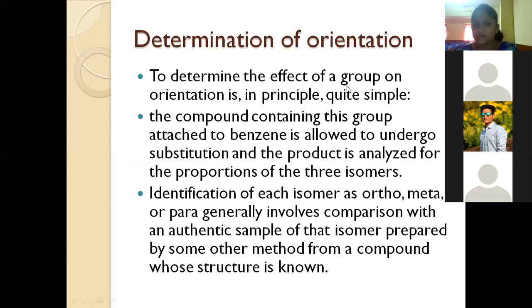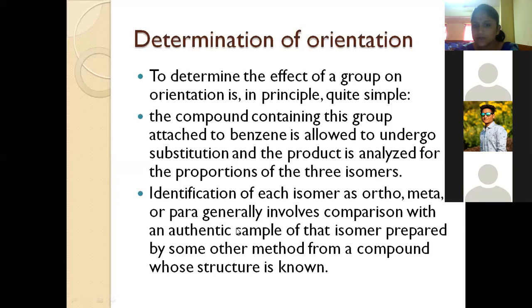To determine the effect of a group on the orientation, in principle, the compound containing this group attached to the benzene ring is allowed to undergo substitution, and the product is analyzed for the proportion of three isomers. Generally, the substituent will attack either at the ortho, meta or para position. This is final.